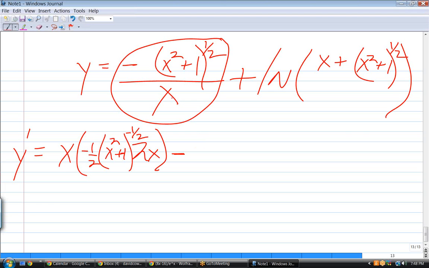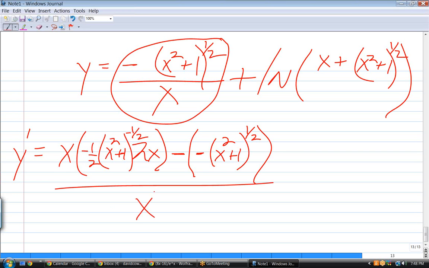The derivative of the bottom is just 1, so we have just the top, all divided by x squared. Right? Okay.